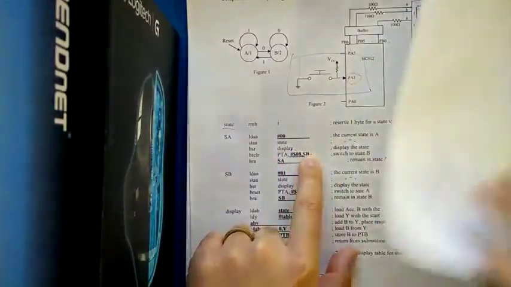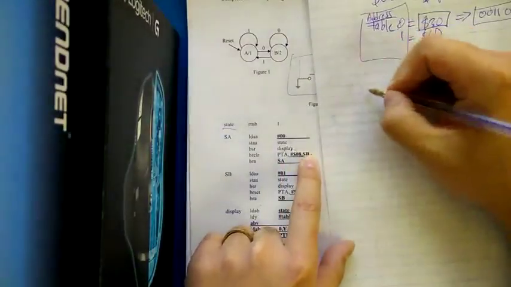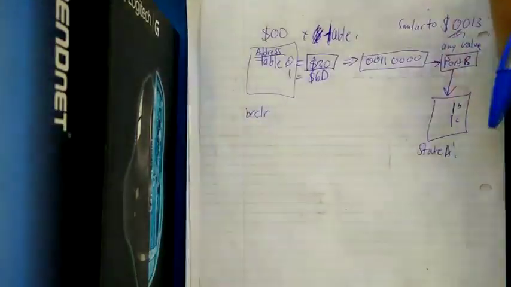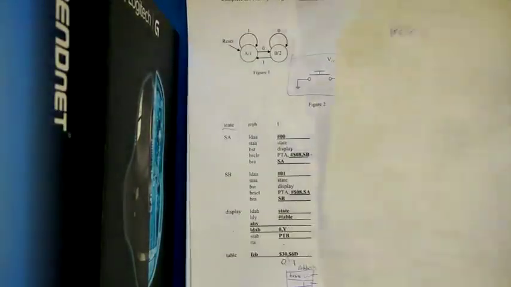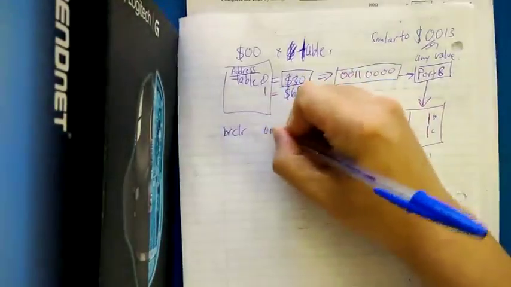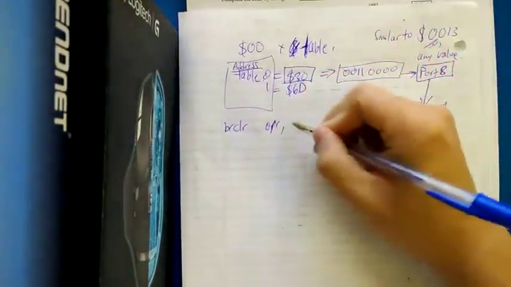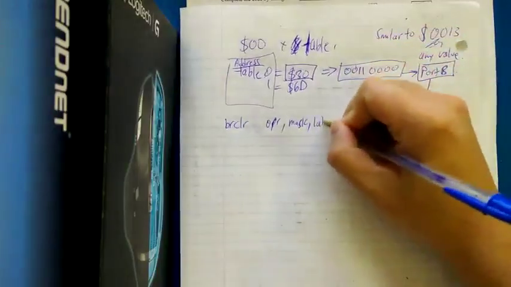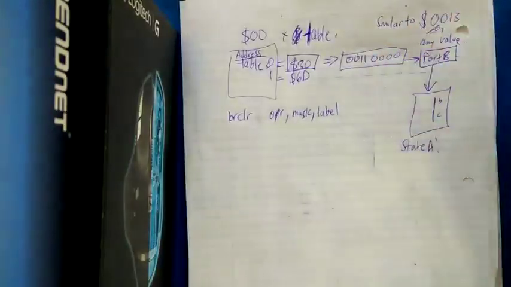So now, branch clear, BRCLR. I'm just going to go over it really quickly. The syntax of it is you have your operand, your mask, and then your label or address that you want to jump to.